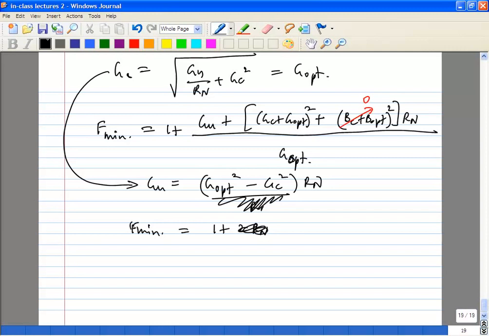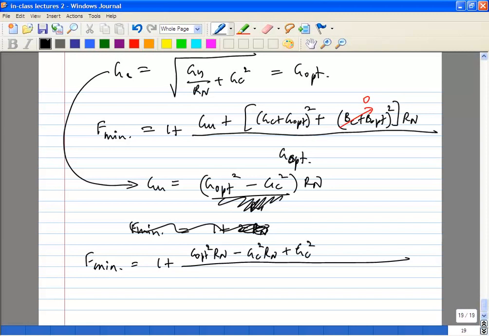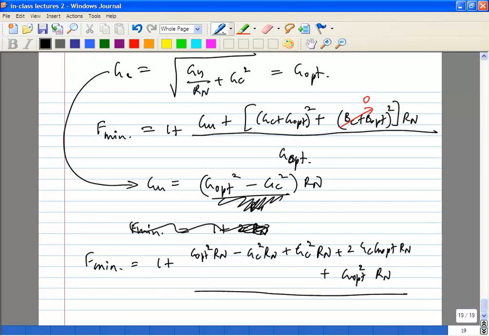Actually 1 plus, sorry. G opt square Rn minus GC square Rn, okay, plus let's expand this out, so Rn plus 2 G opt Rn plus G opt.